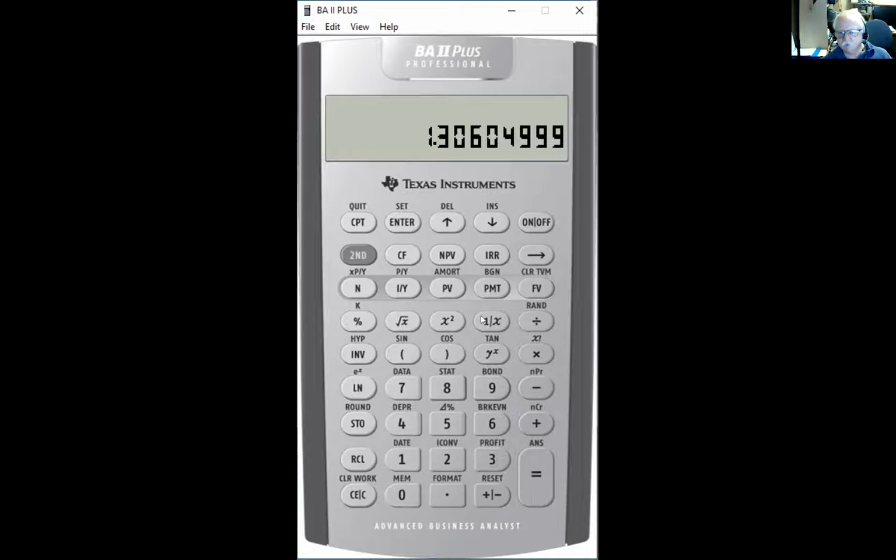So I need to hit 1 over x, which is my invert key, to put it above the line. And then I can go times the future value, which was this number that we just calculated, 192,420.23. And we're getting $147,329.91.